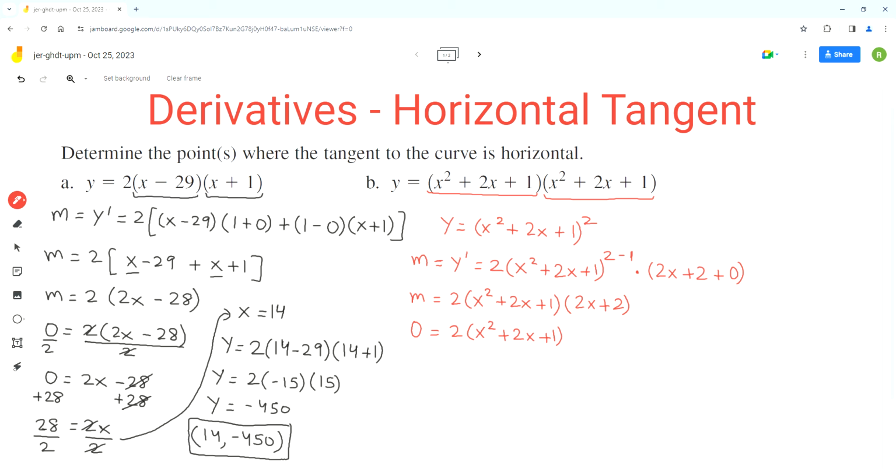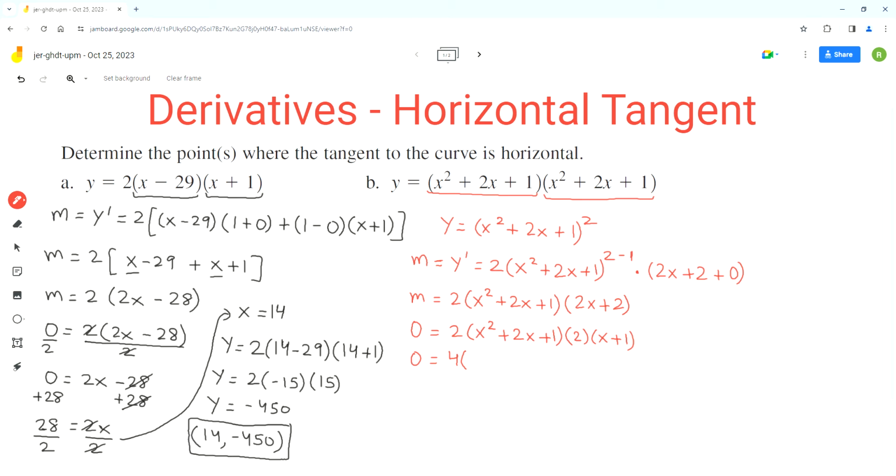Now from the second parentheses, we can factor out a 2. So we get 2 times (x plus 1). So we get 0 equals, so 2 times 2 is 4. Now the expression in the first parentheses is a simple trinomial, so we can factor this expression.